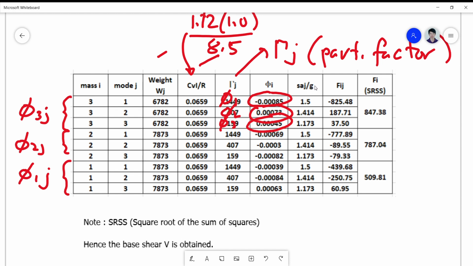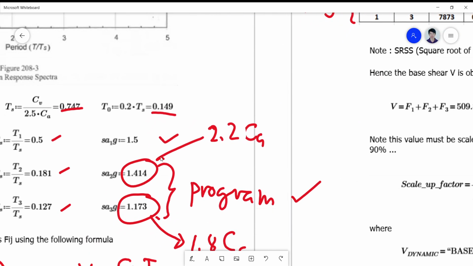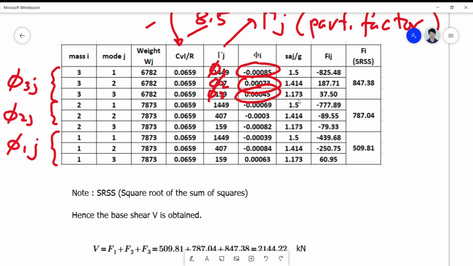So SAj over G is given as computed or as obtained from the graph, 1.5, 1.414, 1.173. So we just type it there. Okay, 321, 321, 321. And then multiply all the rows from the weight to the SAjG, you get these Fij's, and get the square root of the sum of the squares, you get this.